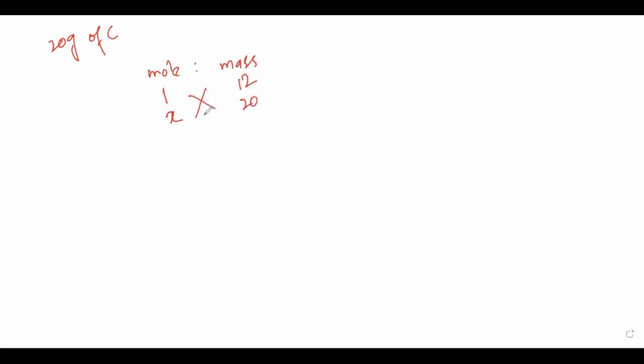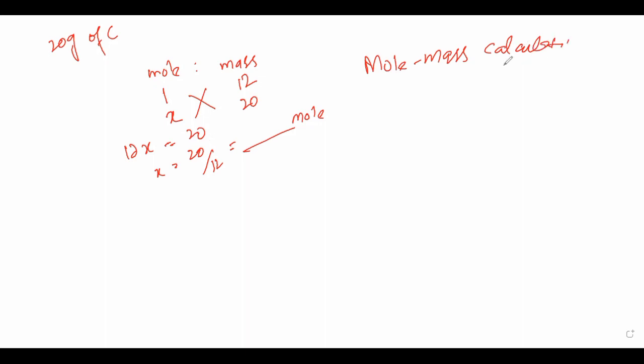X. Cross multiplication. 12x is equal to 20, and x will be equal to 20 divided by 12. So whatever you get is the number of moles. This is called mole to mass calculation. This is the foundation on which we will study our next topic, stoichiometry.